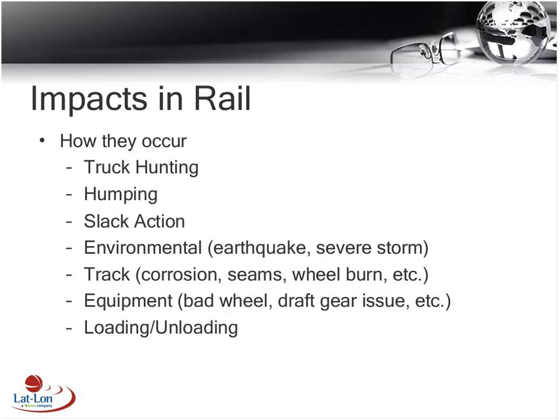And then track events, rail seams, going over a bridge abutment where the ground has settled on either side of the bridge and creates a little bump up and then a bump down. Equipment issues, flat wheel spot, and truck hunting could be categorized as well as an equipment issue where the trucks oscillate from left to right, back and forth. And then when the shipment actually is loaded or unloaded can also be a time when some accelerations can occur.